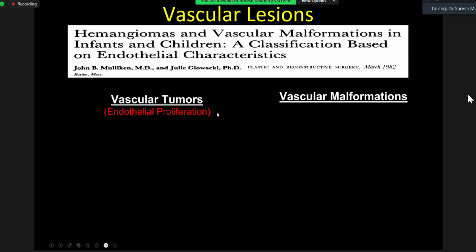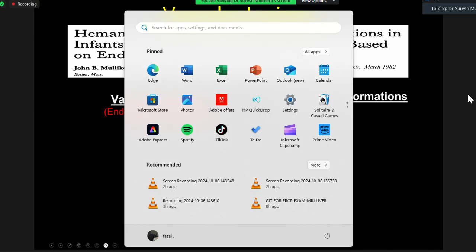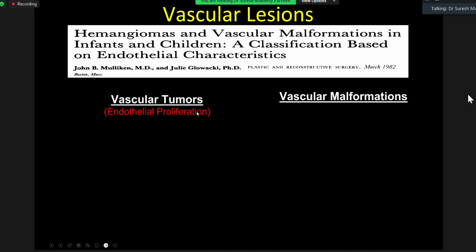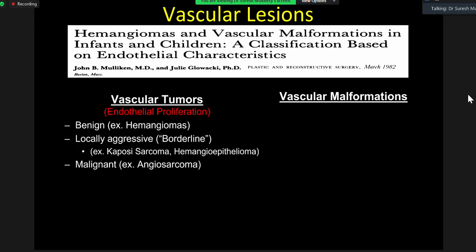Specifically, vascular tumors had endothelial proliferation. So the first bifurcation was the presence of endothelial proliferation. At that time, I don't want to say necessarily revolutionary, but it really was a substantial move forward in understanding these lesions.